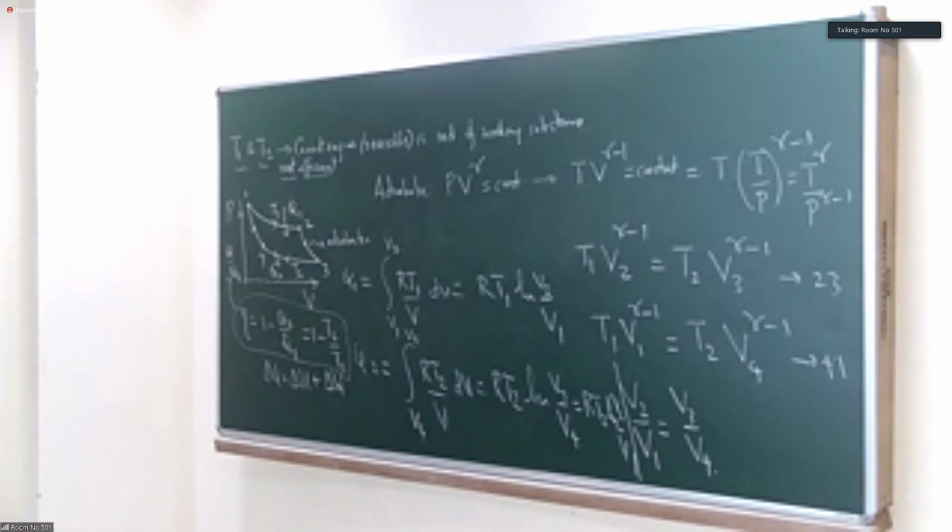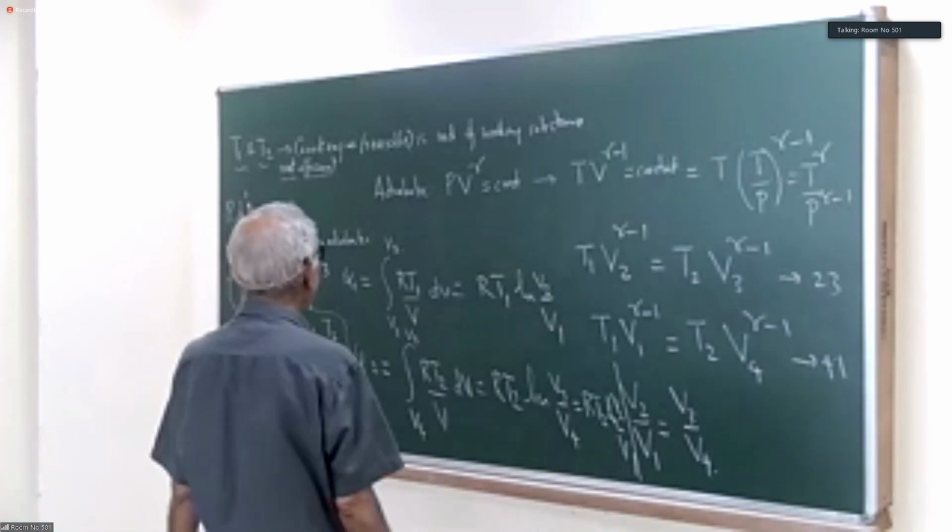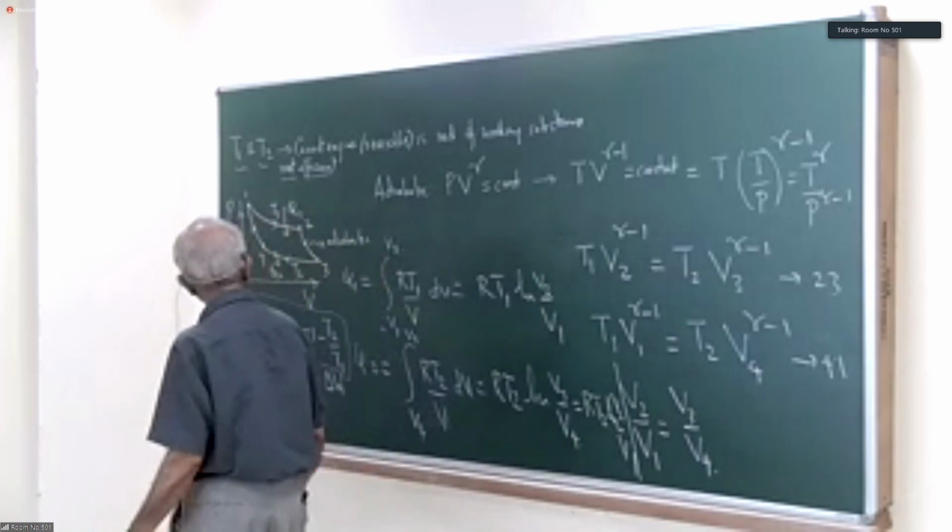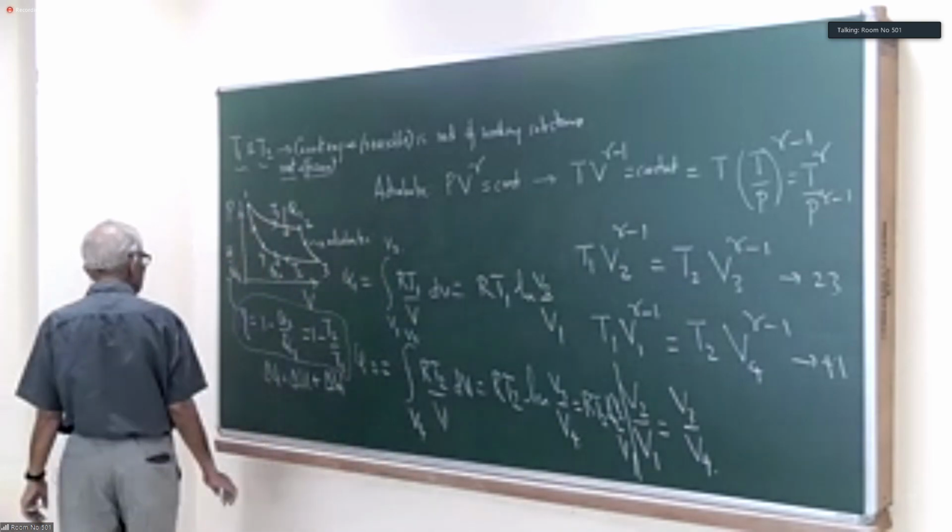So 1 minus T2 over T1, the efficiency of all Carnot engines is equal regardless of substance.